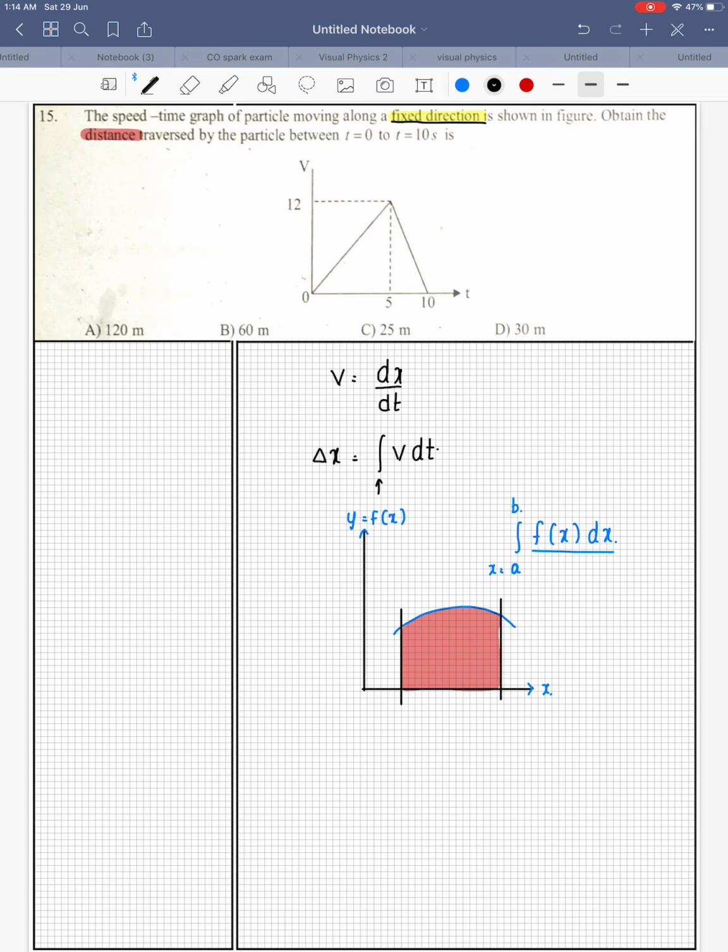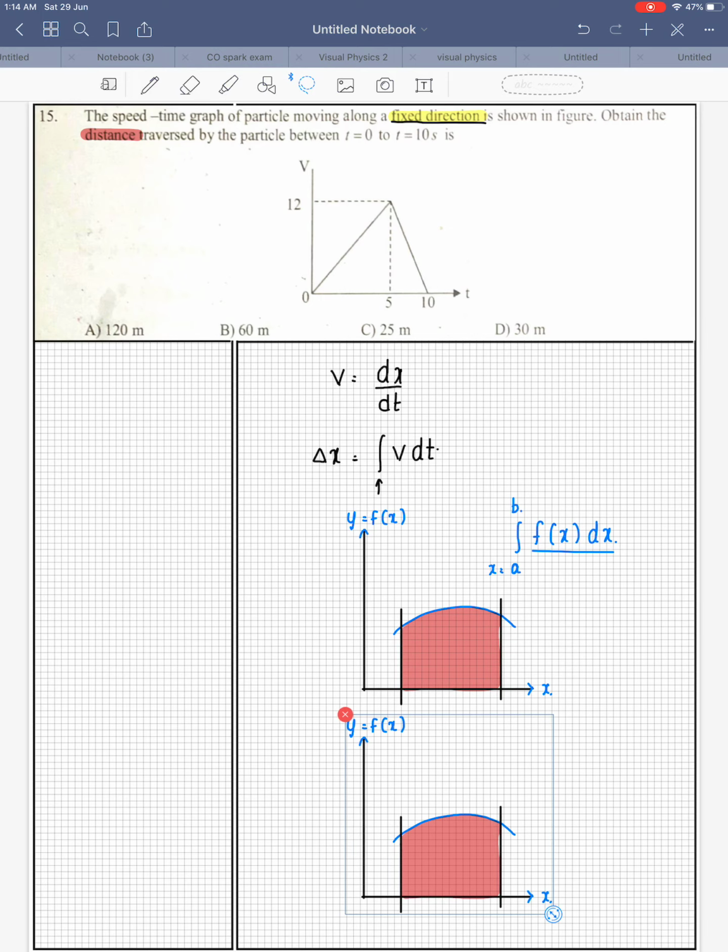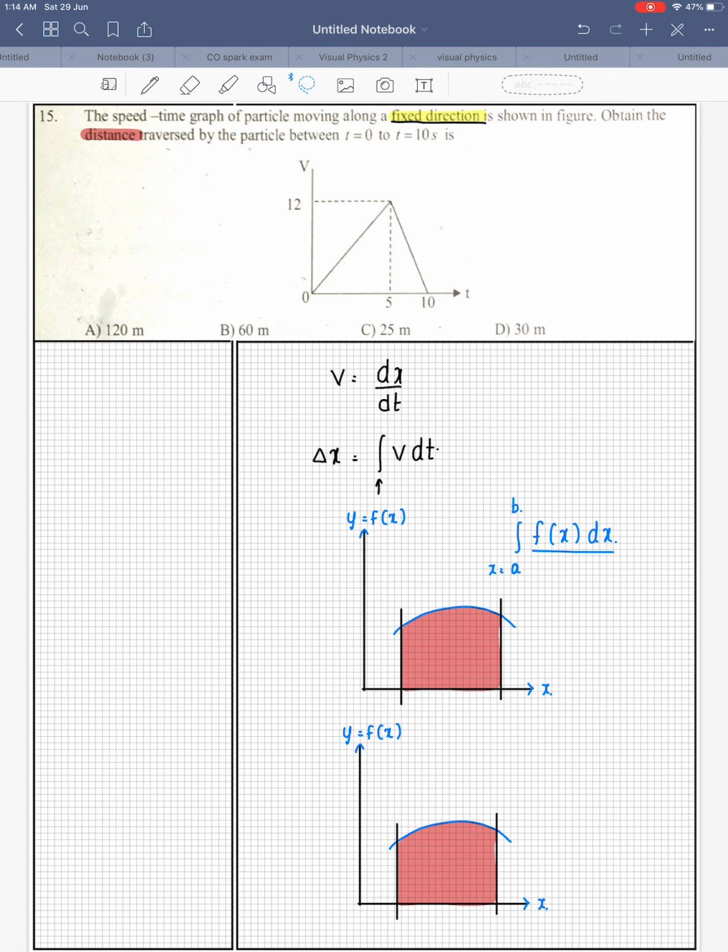How did we get it? If you consider the same graph, copy, paste, fine. Let me take a small interval dx.